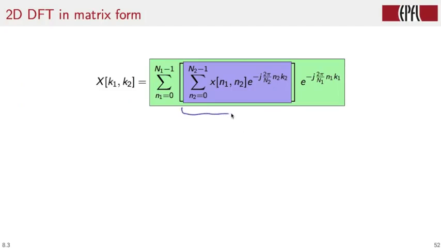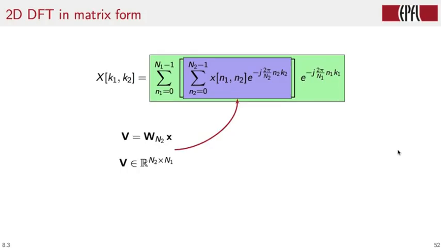The inner summation is simply the product of the DFT matrix of size big N2 times the signal matrix. We call this intermediary matrix capital V, and capital V belongs to the space of N2 times N1 matrices. Then the outer sum can be expressed as the right product of the matrix V we just defined times the DFT matrix of size capital N1.